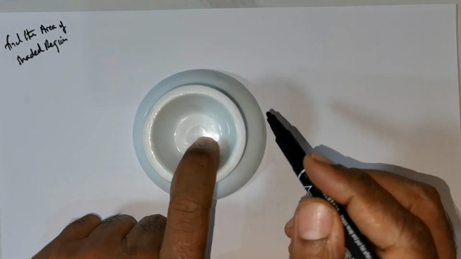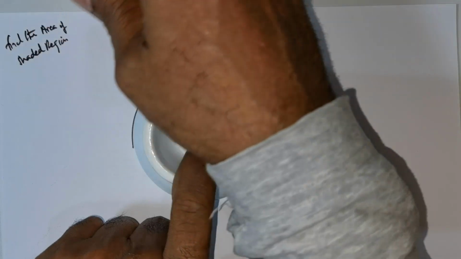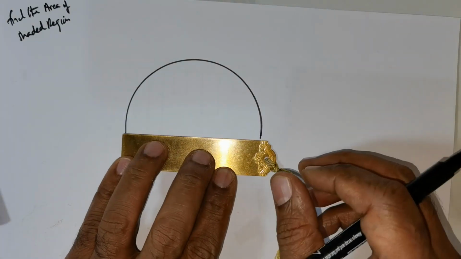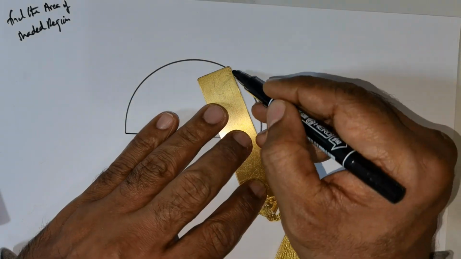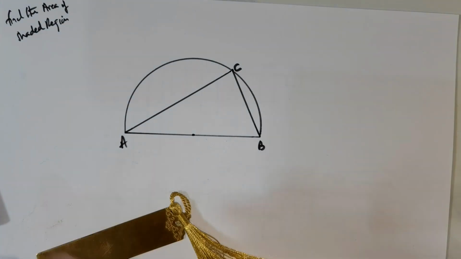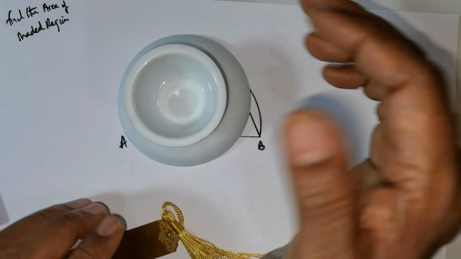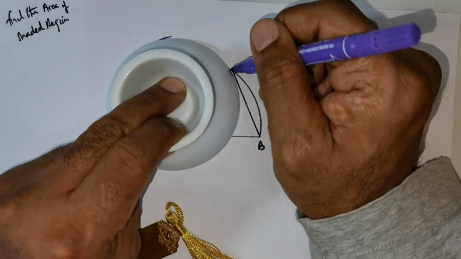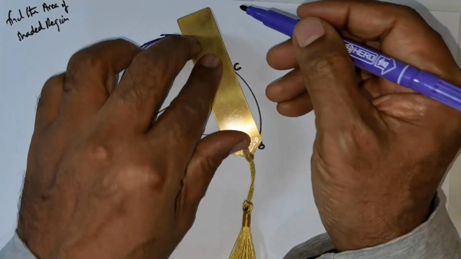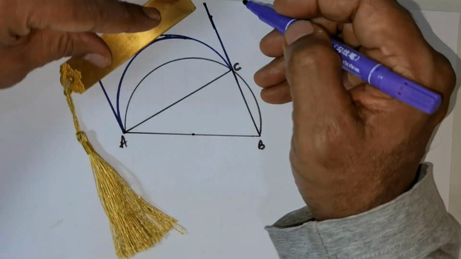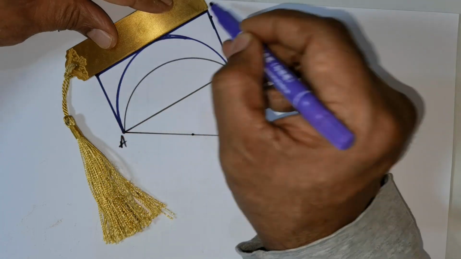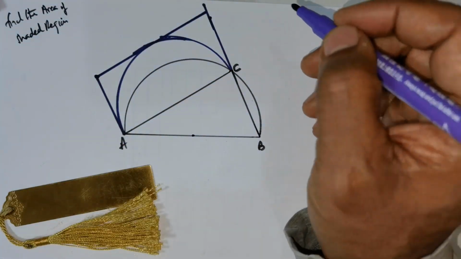So foremost, let me draw the all-important circle. It is creating a rectangle.